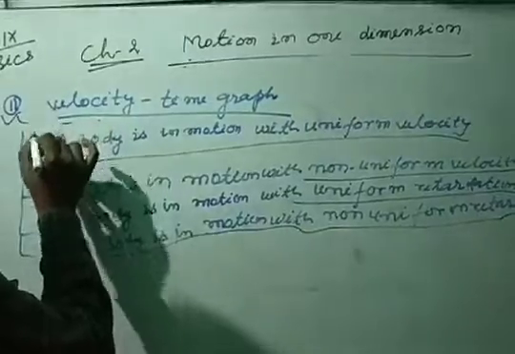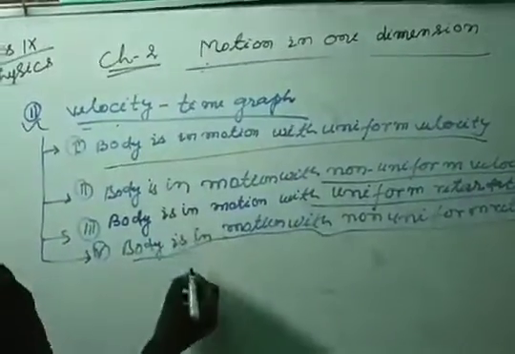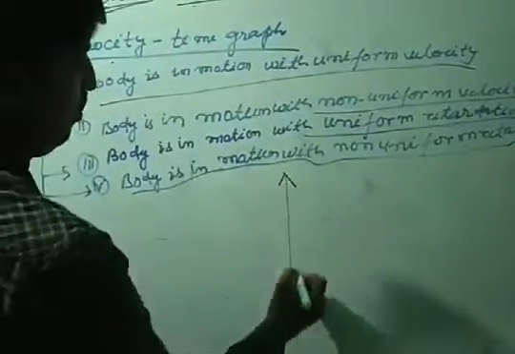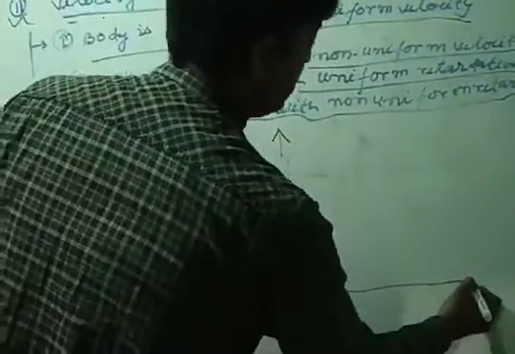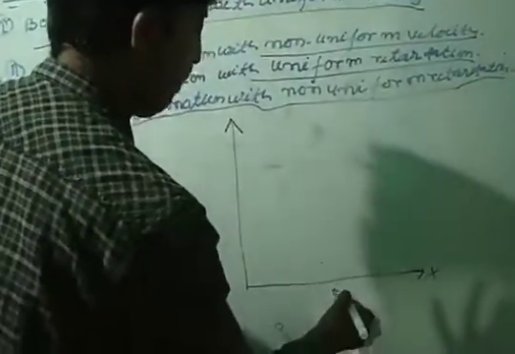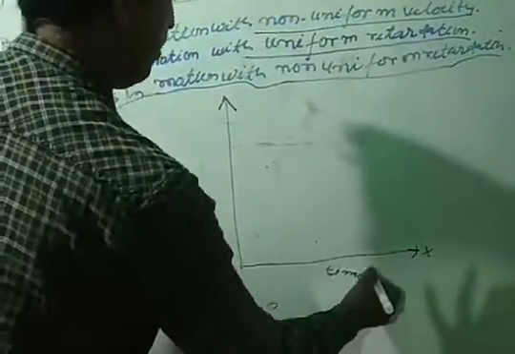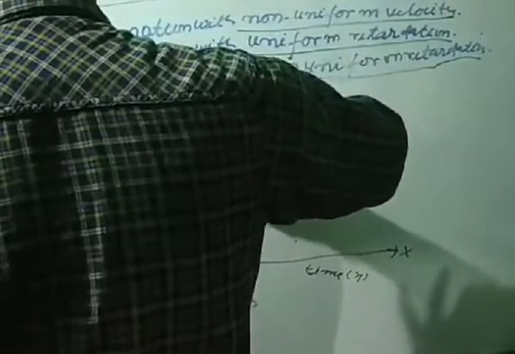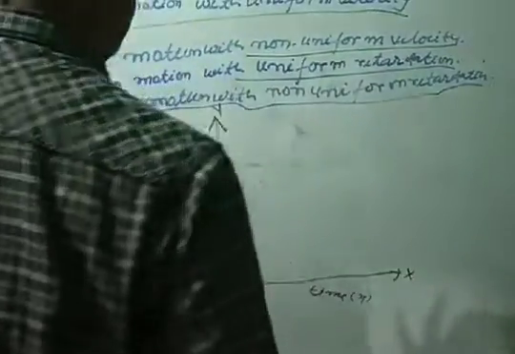In plotting velocity time graph, velocity is plotted on y-axis and time is taken on x-axis, because time is an independent quantity. So time is taken on x-axis and velocity is taken on y-axis.